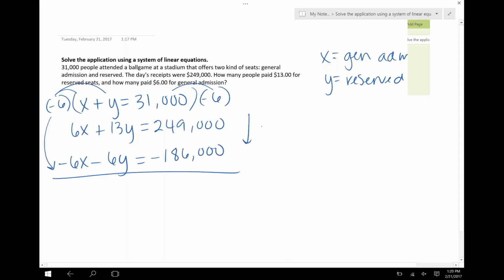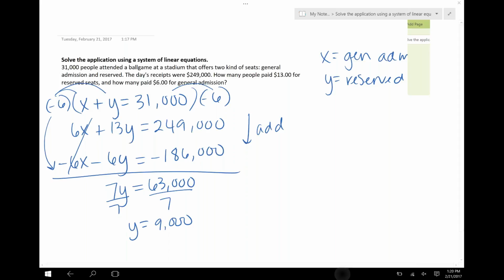So now when I add those equations, 6x plus -6x cancels, 13y minus 6y is going to be 7y, and then 249,000 minus 186,000 is 63,000. I'm going to divide both sides by 7. So y equals 9,000. Because that's the number of reserved seats.